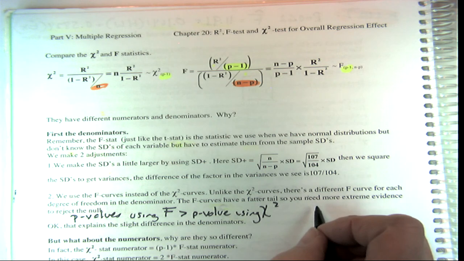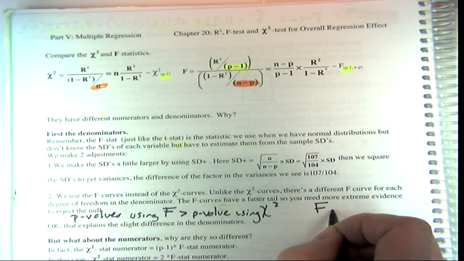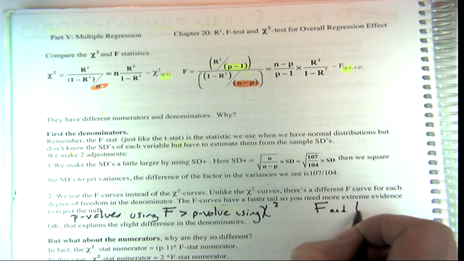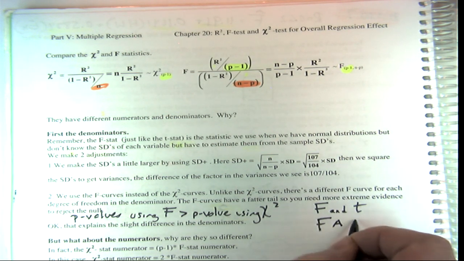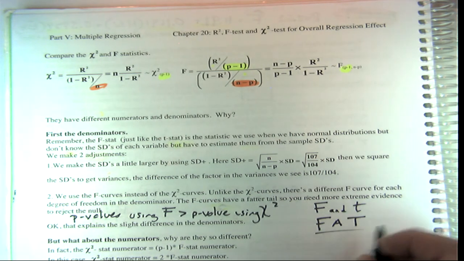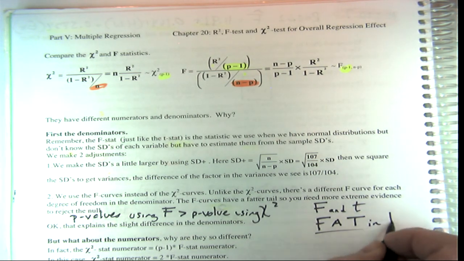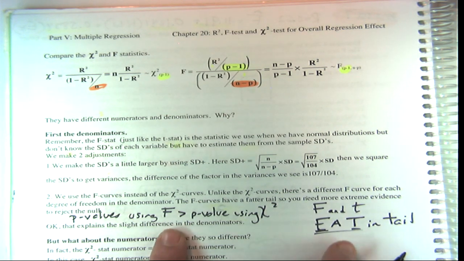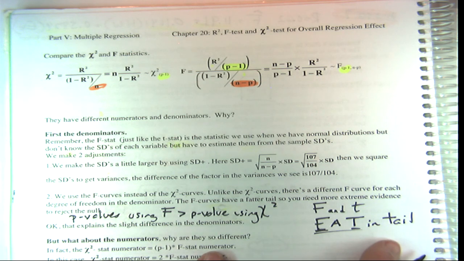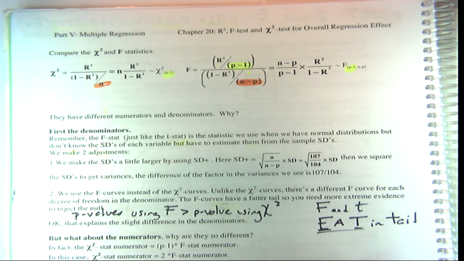So the F and the t, think of it this way, are fat in the tail. Fat in the tail. You can remember that: the F and the t are fat in the tail. So the p-values using the F and the t are going to be bigger than using the corresponding chi-squared and z.